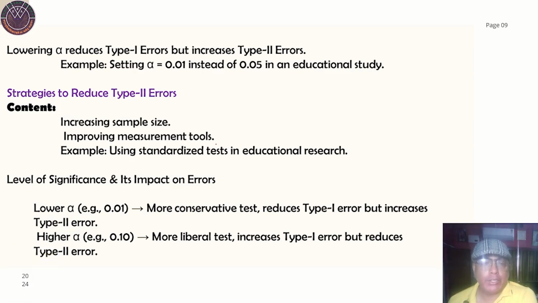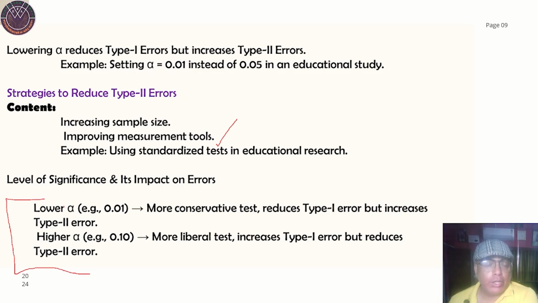As I already told you, if you go for a blood test, you should go for a good vendor, a good diagnostic center, so that your reports will be valid and you will not commit type 2 error. So you can understand this concept of alpha and beta, or type 1 error and type 2 error.